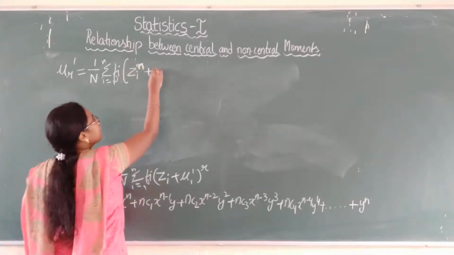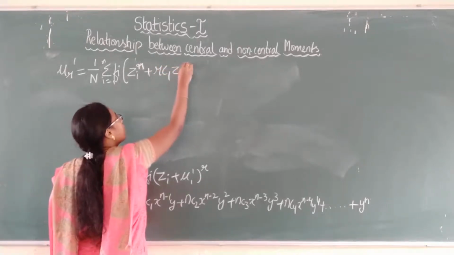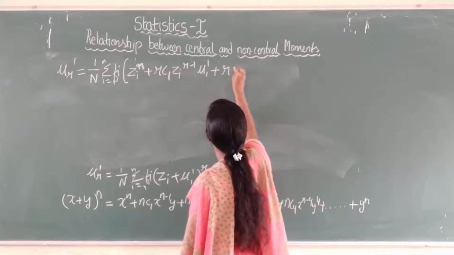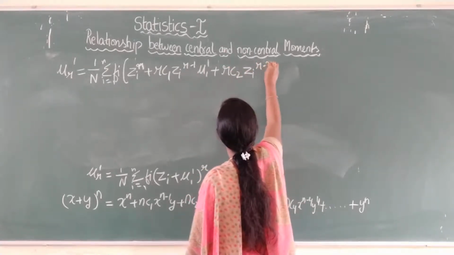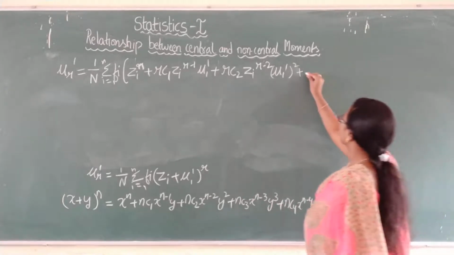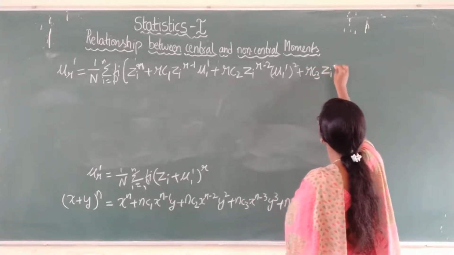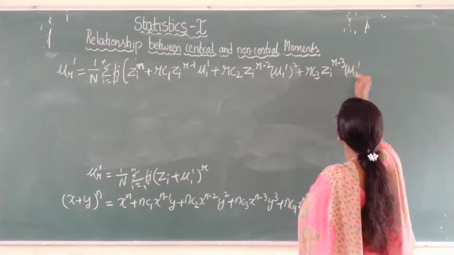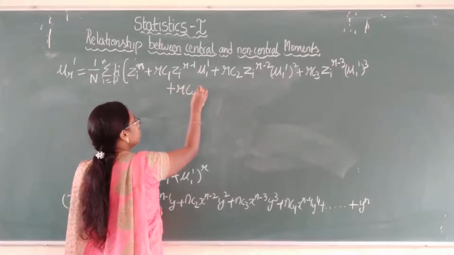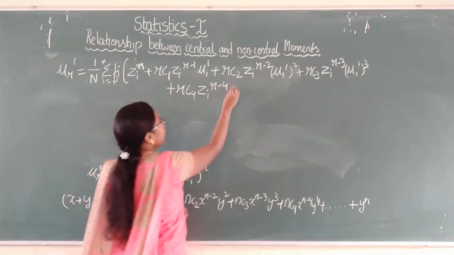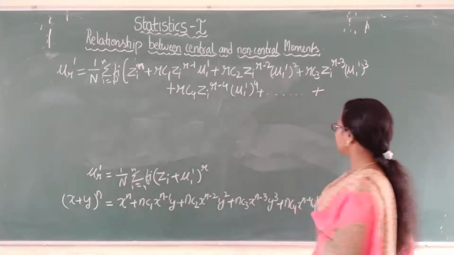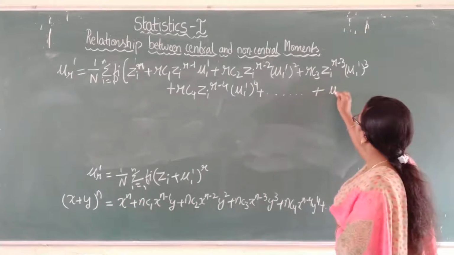Next, r C 1 z i power r minus 1 into mu 1 dash, plus the next term r C 2 z i power r minus 2 into mu 1 dash square, plus the third term r C 3 z i power r minus 3 into mu 1 dash cube, plus the fourth term r C 4 z i power r minus 4 into mu 1 dash power 4, and so on up to the last term y power n, that is mu 1 dash power r.